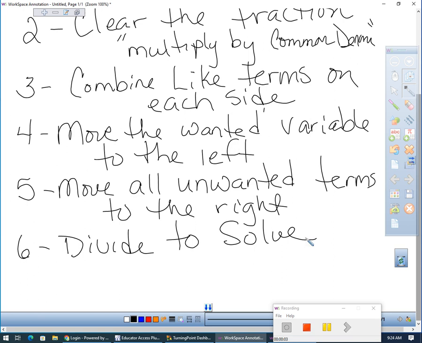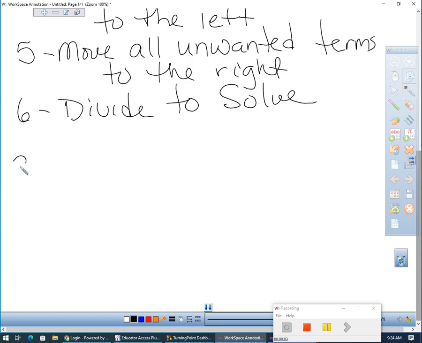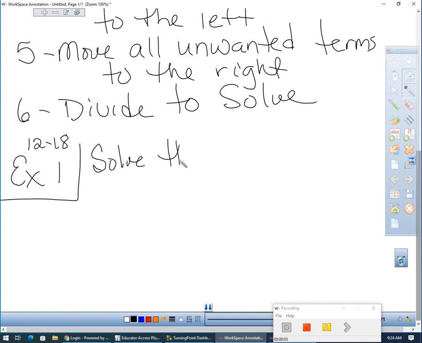So we're going to start off with some easy ones, okay? And then we'll get into ones that are all variables and the one that we want to get to, okay? So here is example number 1. And this is going to cover your 12 through 18 as you're referring back to it. It says solve the equation for y.